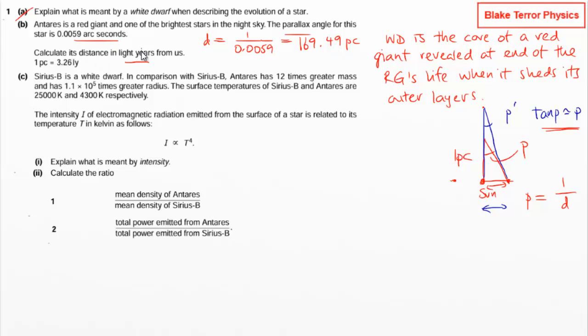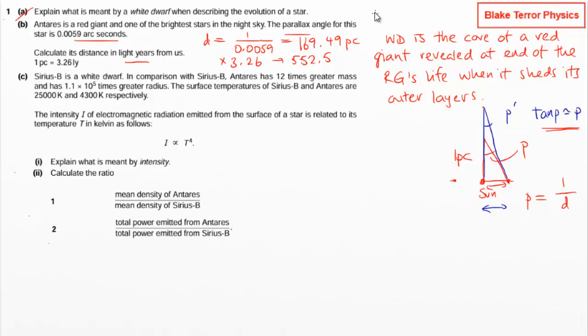Now we just need to get this into light years, so we multiply by 3.26, and that gives us 552.5, which is 550 light years to 2 significant figures.